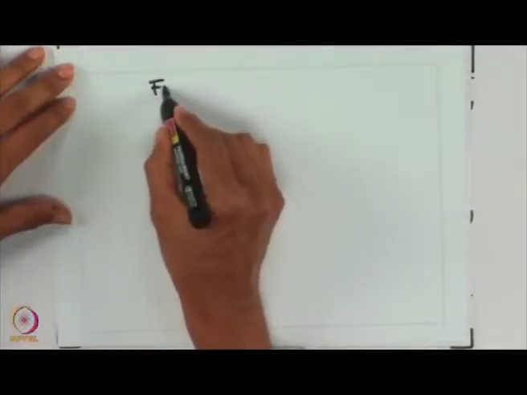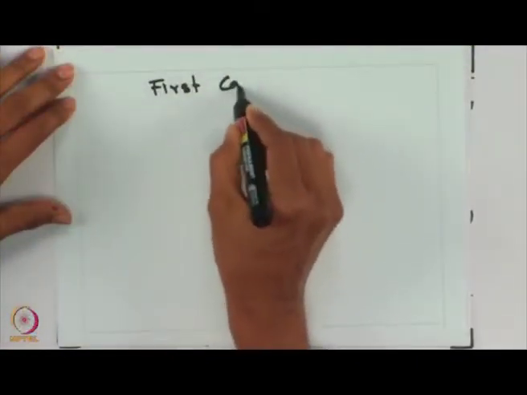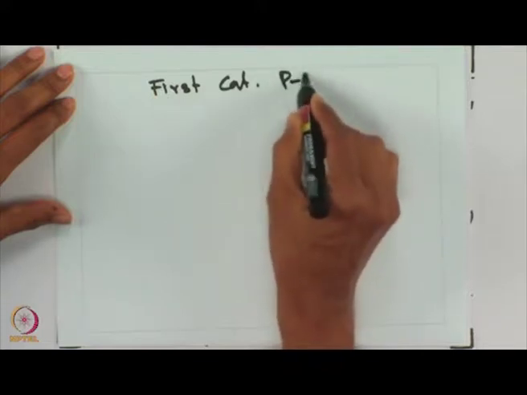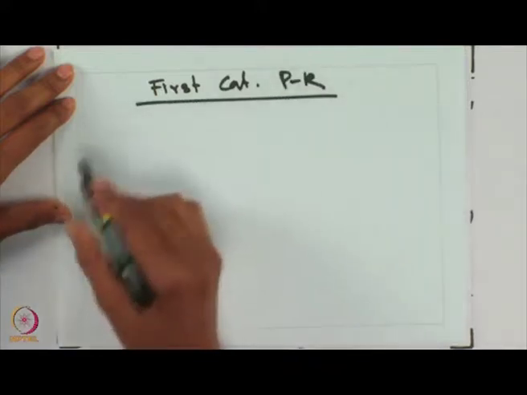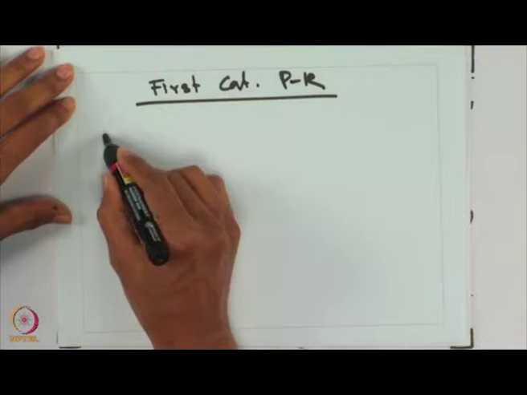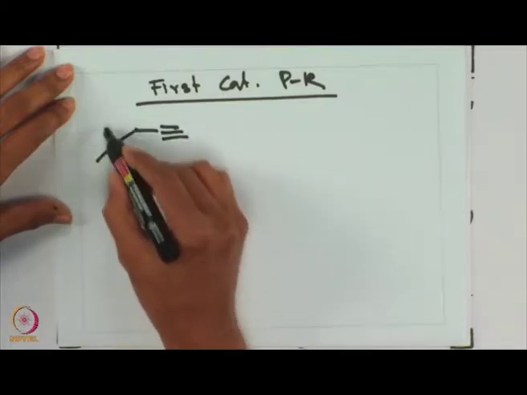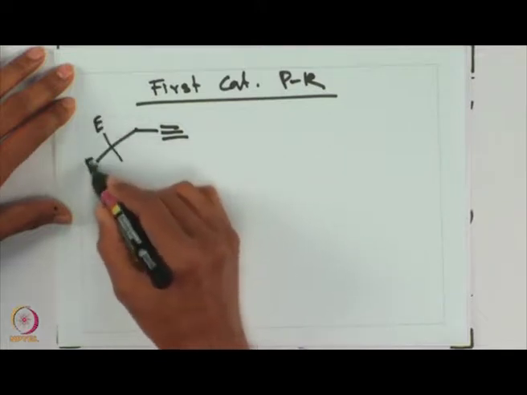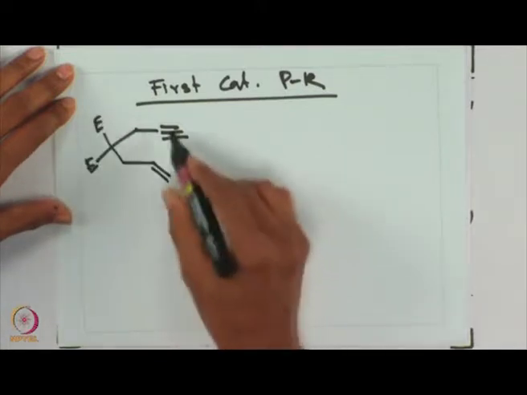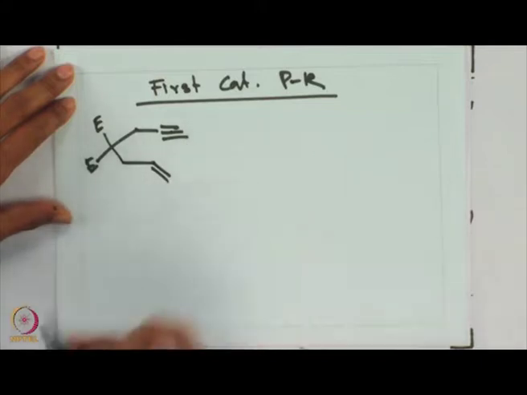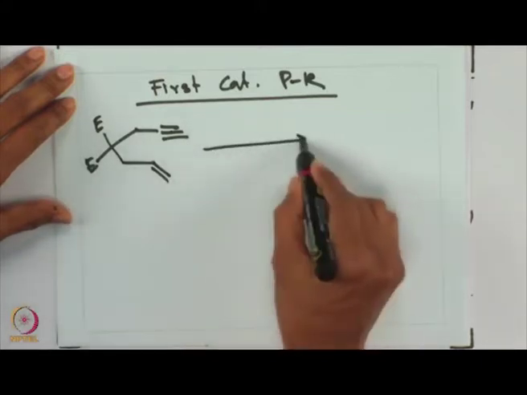Okay. First catalytic Pauson-Khand reaction. Now, the substrate, unsurprisingly, is an intramolecular substrate, where you have a terminal alkyne and a terminal olefin together.